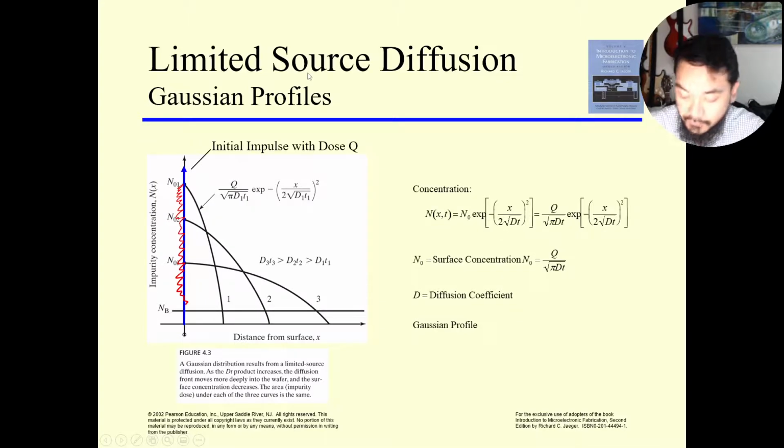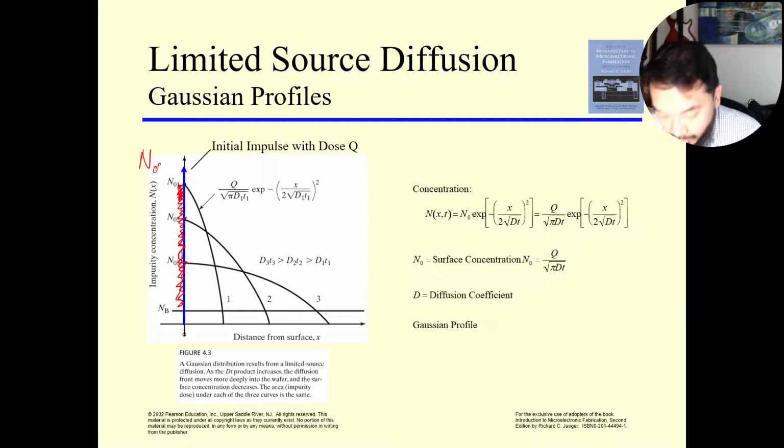What we do, on the other hand, is set a particular concentration. Let's say before we do the diffusion, we deposit our impurity atoms on the surface with a concentration of N naught 1. And then we stop. We put it inside the diffusion machine, which is basically just heating it up. So we heat it up.